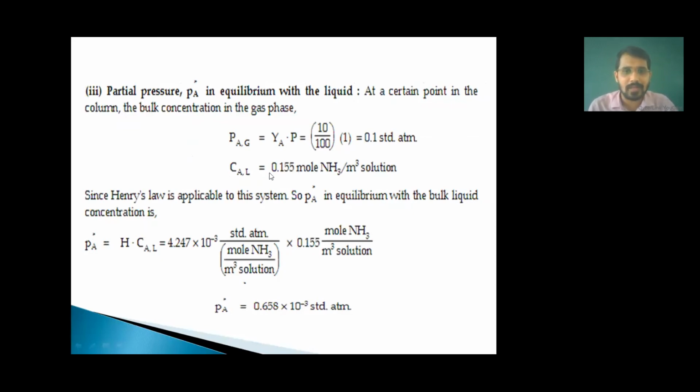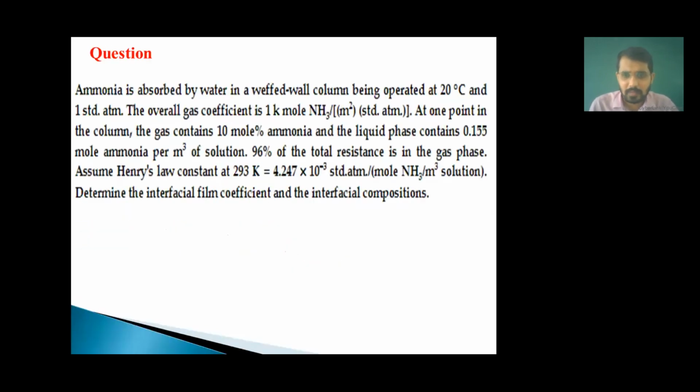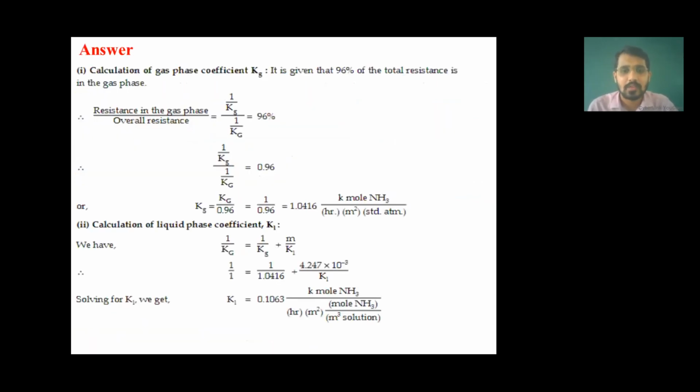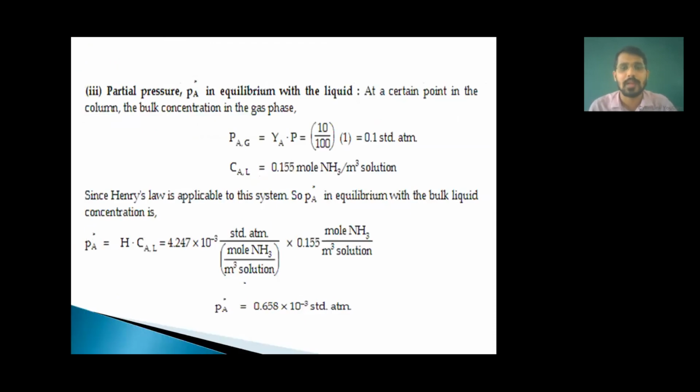Then we have to calculate CAL. In the question, the liquid phase contains 0.155 moles of ammonia per meter cube of solution. This is CAL, given as 0.155 mole NH3 per meter cube of solution.